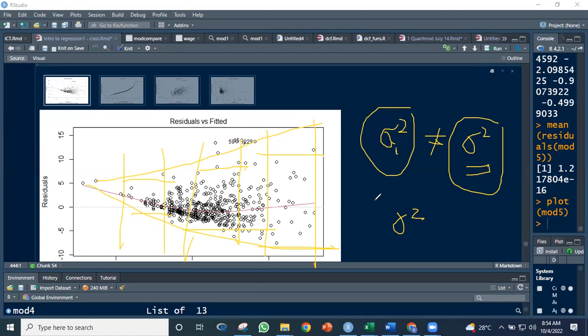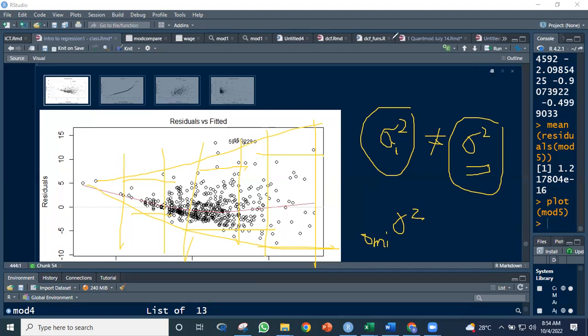Okay, so ibig sabihin there might be something wrong with the model, and it can also be attributed to non-linearity of the relationship between the predictors and outcome variables natin. Or pwede ring omitted variable. Ibig sabihin may kulang dun sa mga predictors natin. That's what we call omitted variable bias.